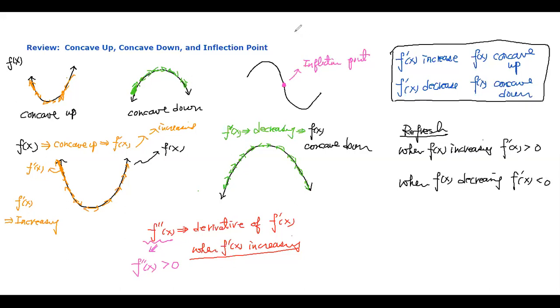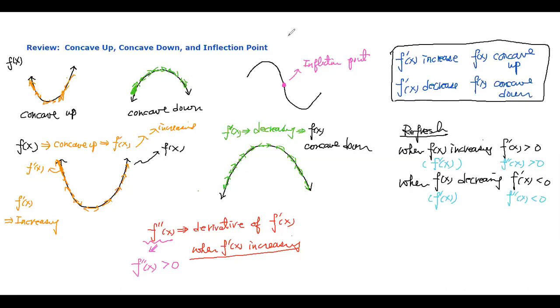Now, you think about it, you just go one extra order. If you replace this, when f prime x is increasing, then because this is f prime, f double prime x has to be greater than 0. If f prime x is decreasing, then f double prime x has to be less than 0, right?